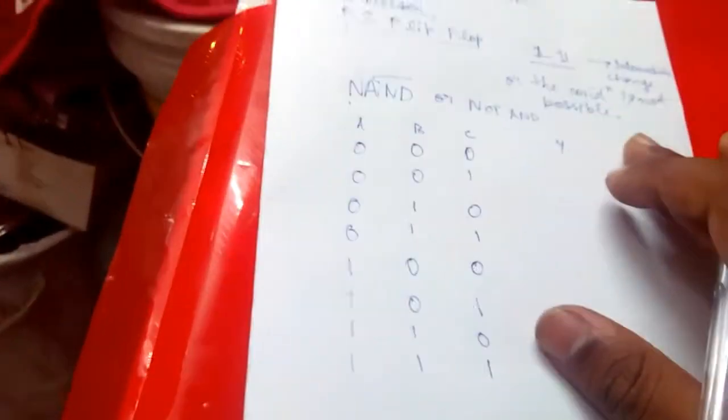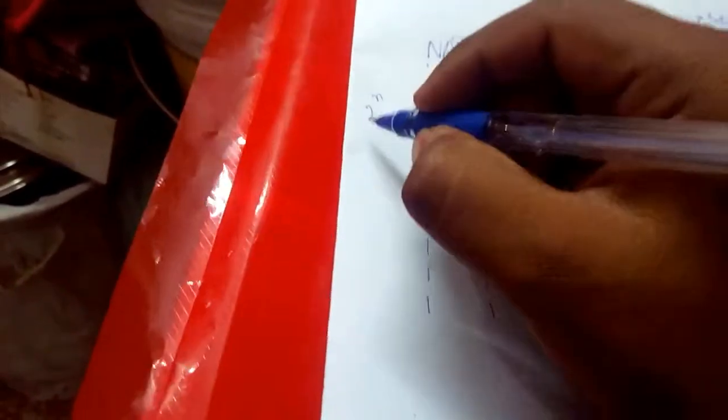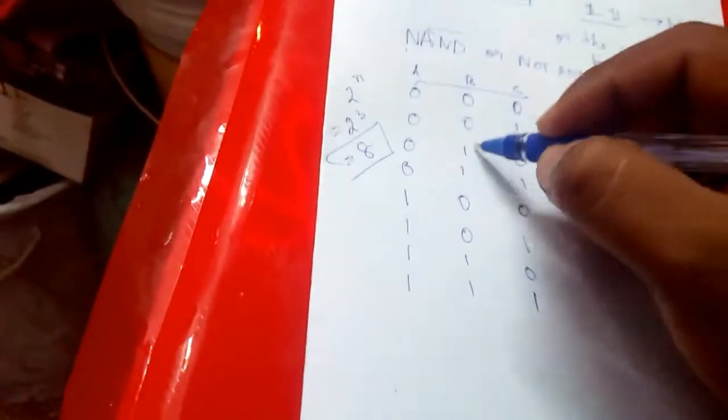As you know, we have taken 3 inputs, so the possible outcomes would be 2 raised to power n, which is 2 raised to power 3, which is 8. 1 2 3 4 5 6 7 8.